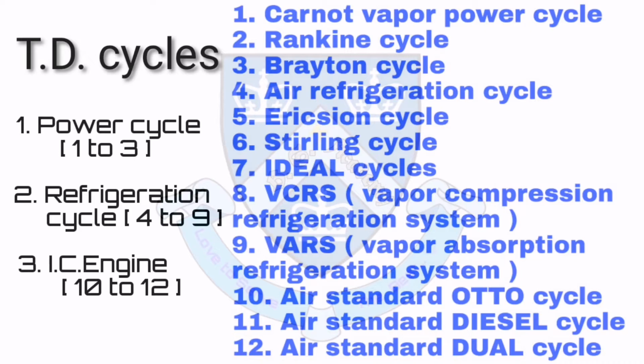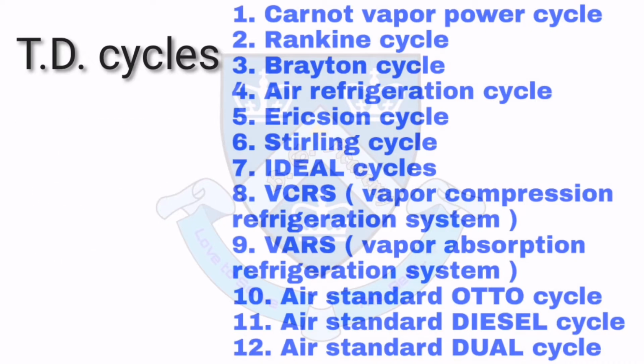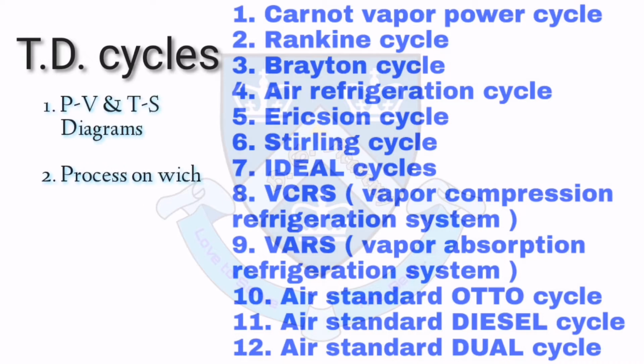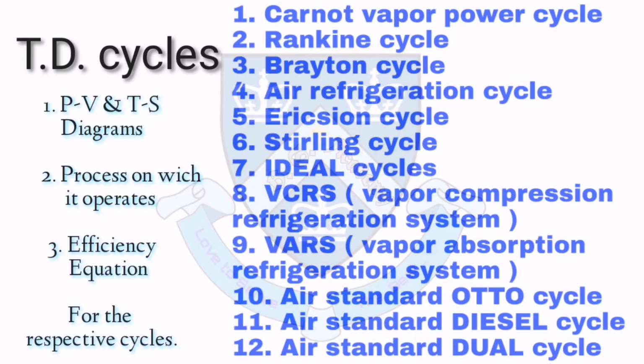Then refrigeration cycle includes vapor refrigeration cycles and gas refrigeration cycles. Then IC engine includes Otto cycle, diesel cycle and dual cycle. In general, for all the cycles, we have noted down the PV diagram and TS diagram and also the efficiency equations of the respective cycles.